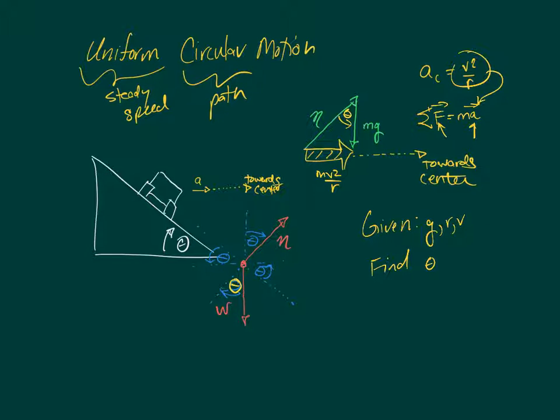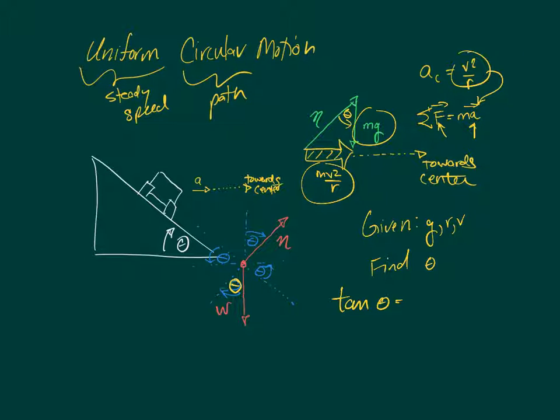I think tangent is what we want here, because for the angle we know the opposite side and we know the adjacent side. We don't know that much about normal here, and we want everything in terms of g, r, and v. You can always just try it, see how it works, and if tangent doesn't work, we'll try it again.